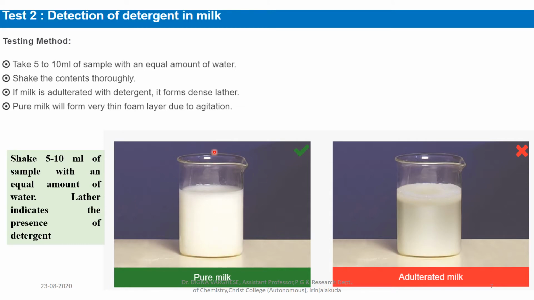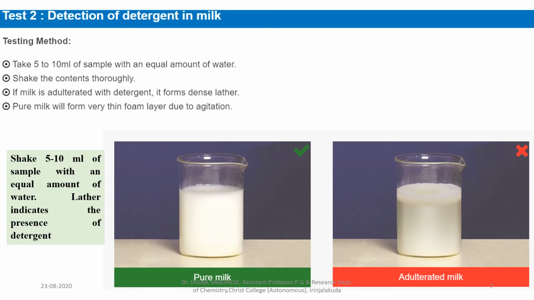If the milk is adulterated with detergent, it forms a dense lather. Pure milk will form a very thin foam layer due to agitation. This is the picture of the adulterated milk, and this is the picture of the pure milk.